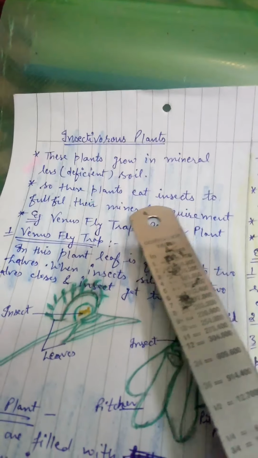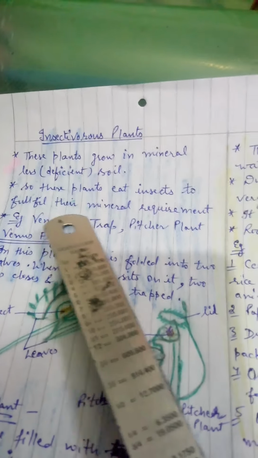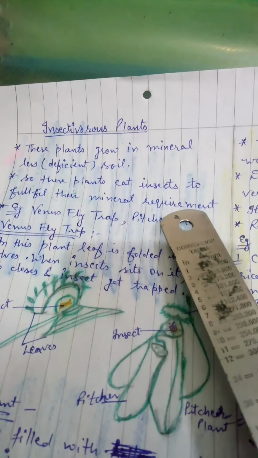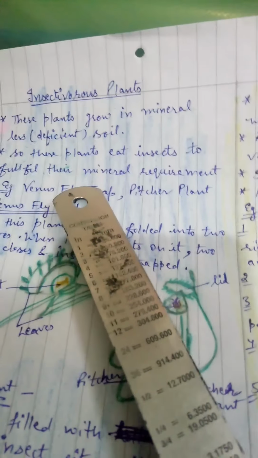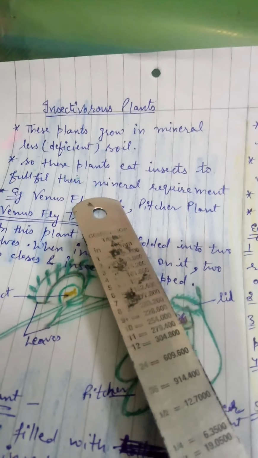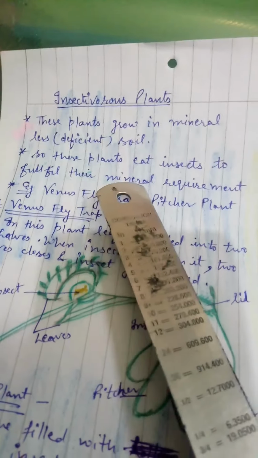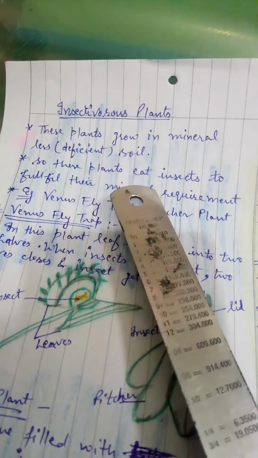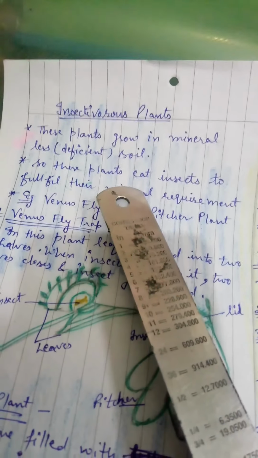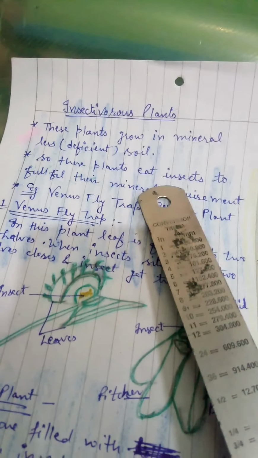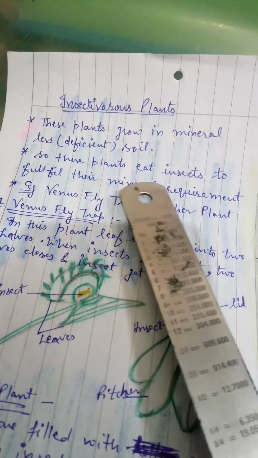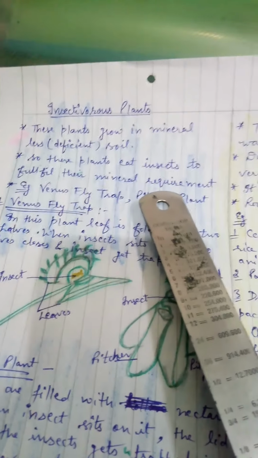Why? To fulfill their mineral requirement, to fulfill their mineral deficiency. What happens when we have mineral deficiency? We take tablets like that. These plants eat insects. From the insects they get minerals and their deficiency is completed.